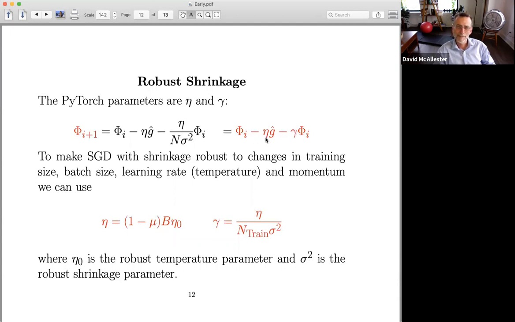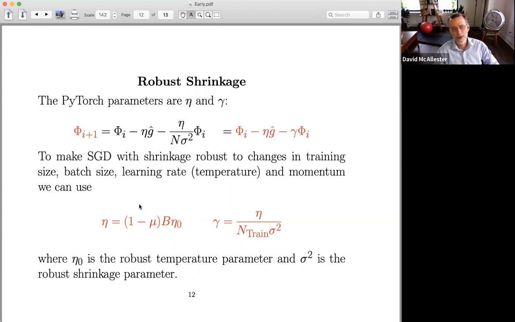But we have to be careful here because lots of things can change. You can change your batch size, you can change your momentum parameter, you can change the amount of training data you have. And we want a parameterization that is robust to these changes. So we would like a robust way to calculate parameters that accommodate variation in these other hyperparameters.